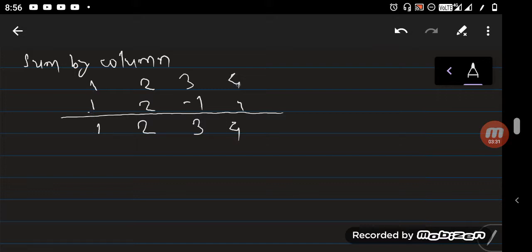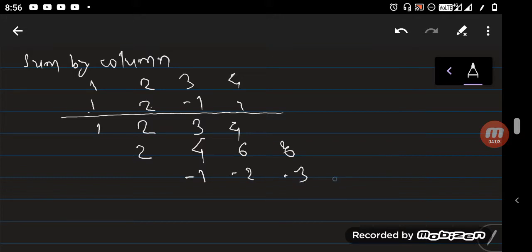Then multiply the next element of x2 with all elements of x1, but this time you slide by one element. So 2 1 is 2, 2 2 is 4, 2 3 is 6, 2 4 is 8. Now you multiply the next element of x2 with all elements of x1, again sliding by one element. Minus 1 is minus 1, minus 2, minus 3, minus 4.